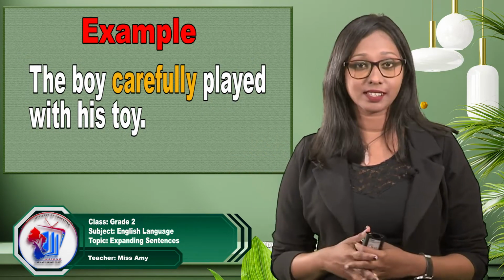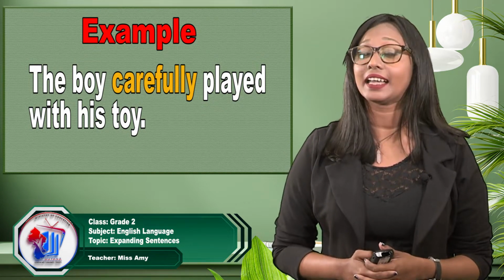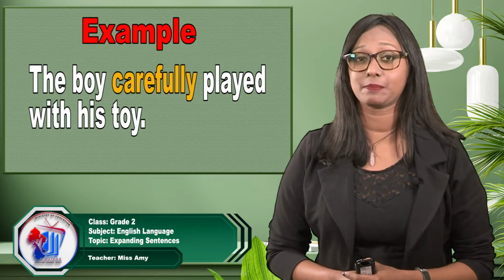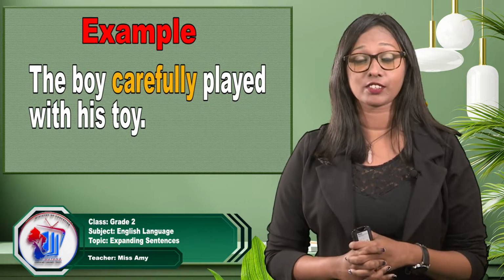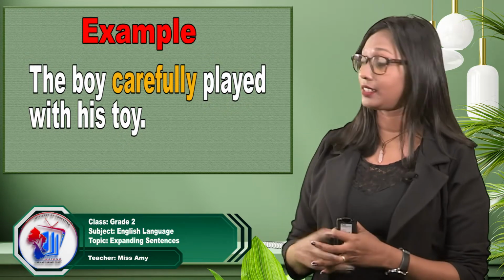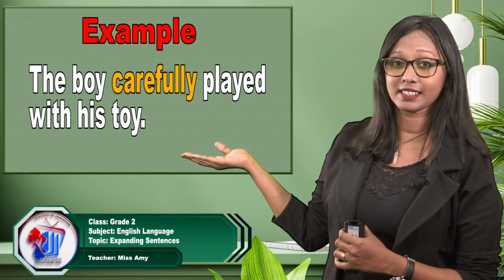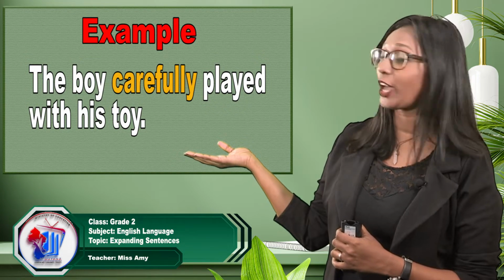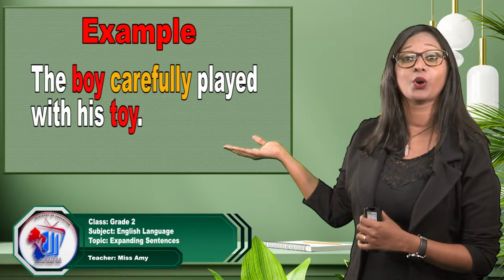So a few minutes ago, you heard me say that we can add adjectives to expand a sentence, and we use adjectives to describe the nouns in the sentence. Can you see the nouns in this sentence? The nouns are boy and toy.